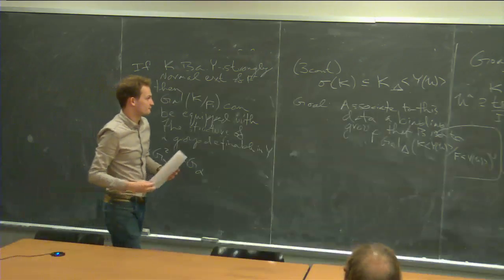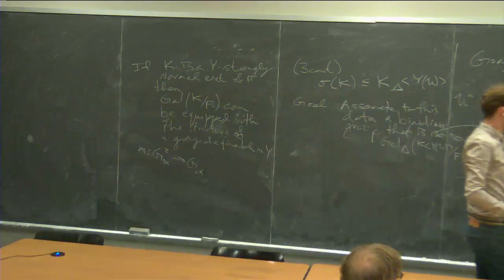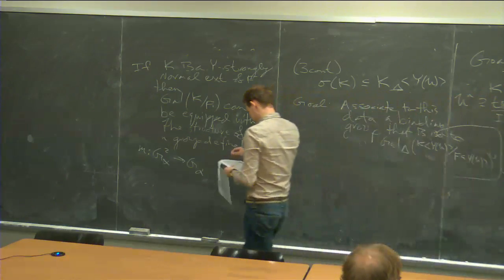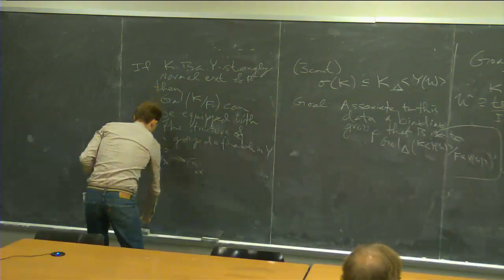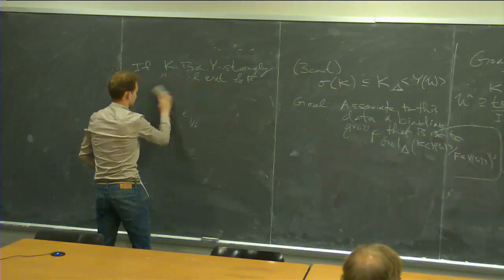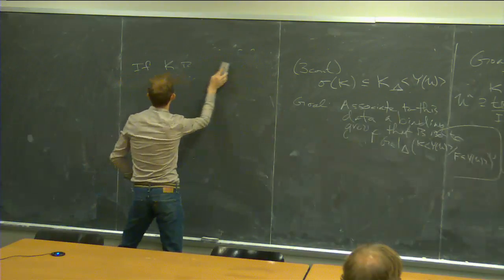So we get this binding group, and using this binding group, you get a Galois correspondence.